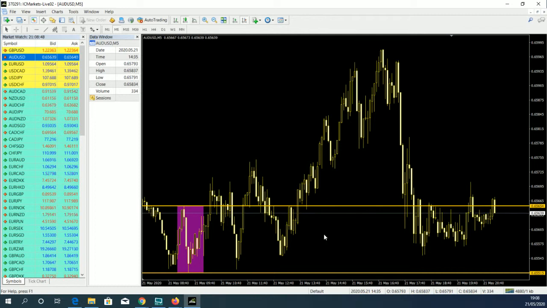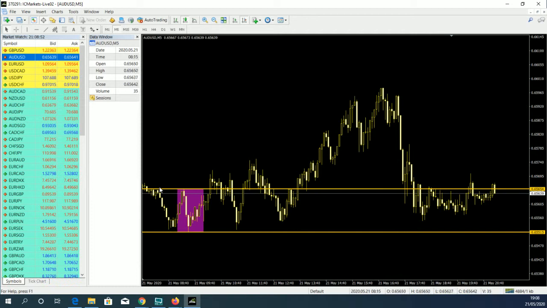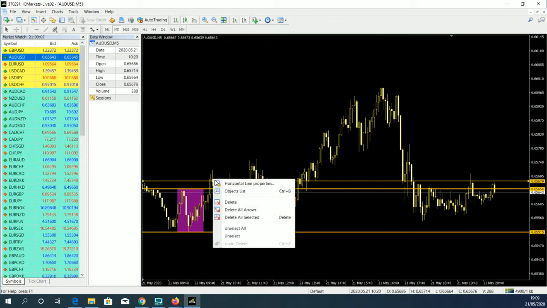This is Aussie dollar. Aussie dollar is also in a range, but performed a bit better than the rest. So you might have gone into a buy order here, somewhere around there.